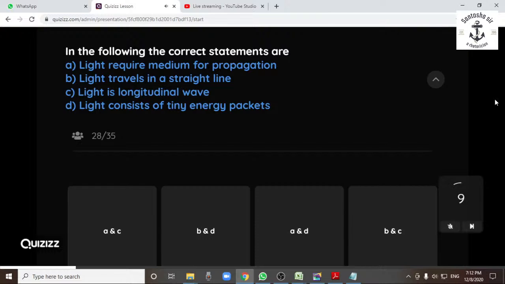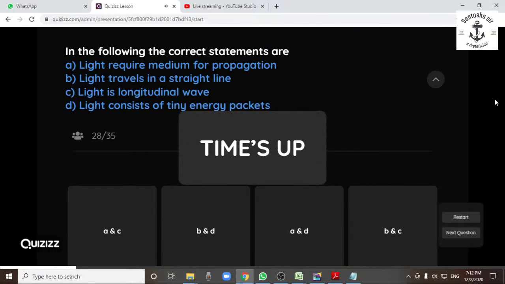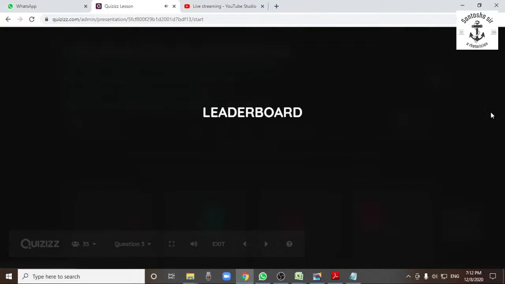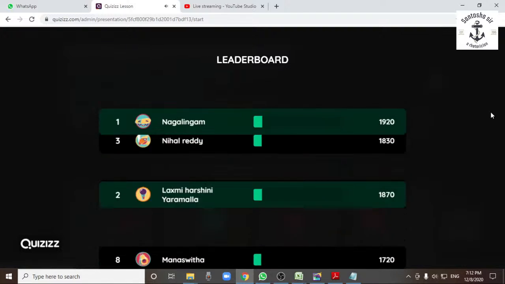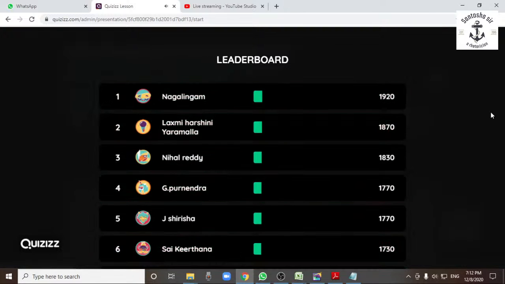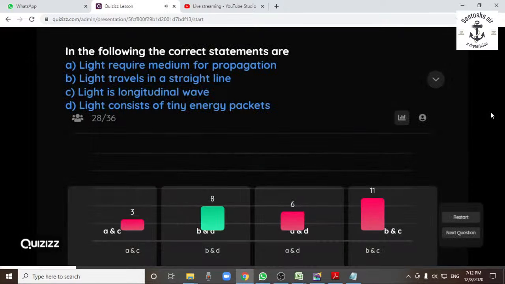Last 10 seconds. Time is up. Let's check the scores. Nagalingam followed by Lakshmi Harshini, Nihal, Purnendra. 8 members made it right. Moving on to the next question.